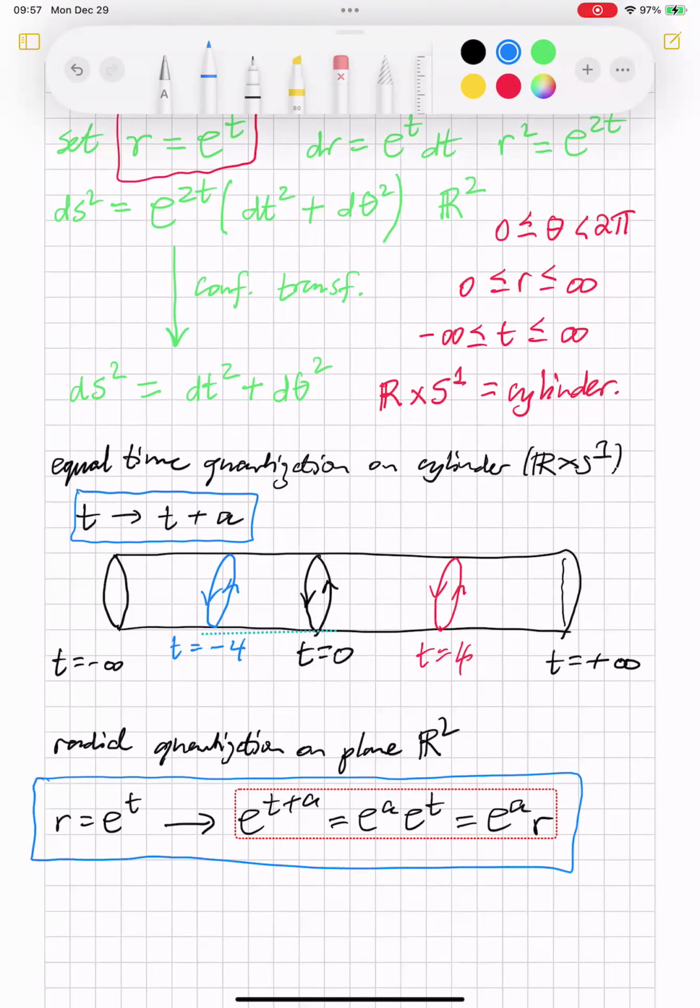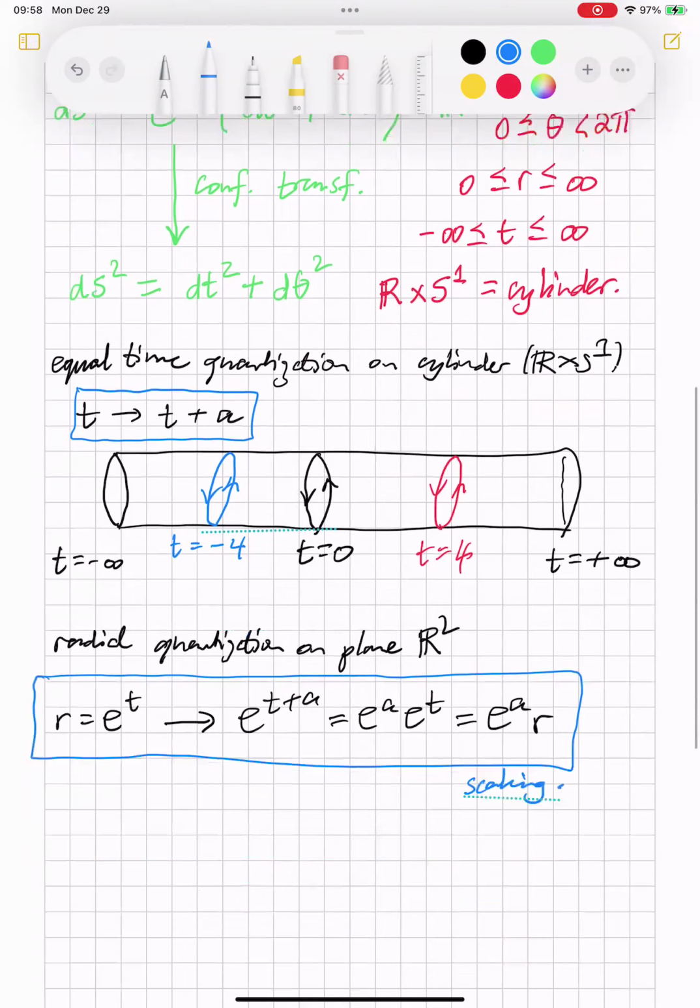What is this transformation? It is nothing but scaling. We've multiplied r by e to the a. So we've related normal equal time quantization on the cylinder to radial quantization on the plane.